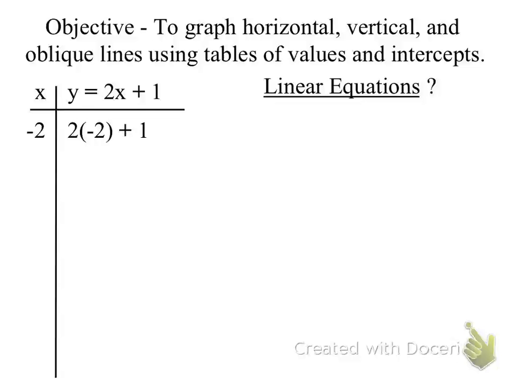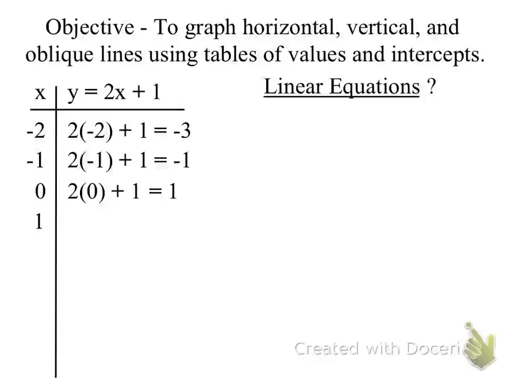So I choose negative 2 and substitute that in for x, and I find that negative 2 times 2 is negative 4, plus 1 makes negative 3. When I choose negative 1, we end up with negative 1. When I choose 0, I get positive 1.